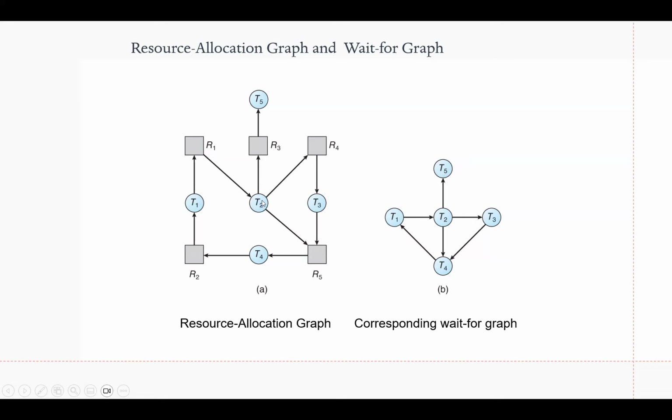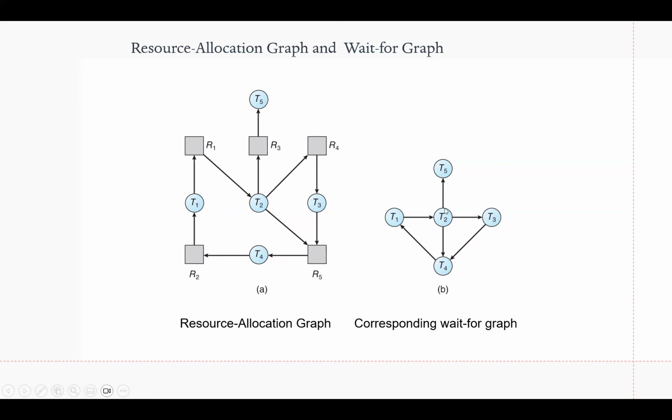Then T2 is requesting R4 and R4 is held by T3, so we have the edge from T2 to T3. Then T3 is requesting R5 and R5 is held by T4, so we have the edge from T3 to T4. Then from T4 to T1: T4 is waiting for the resource R2 and R2 is held by T1, so we directly add the edge from T4 to T1.